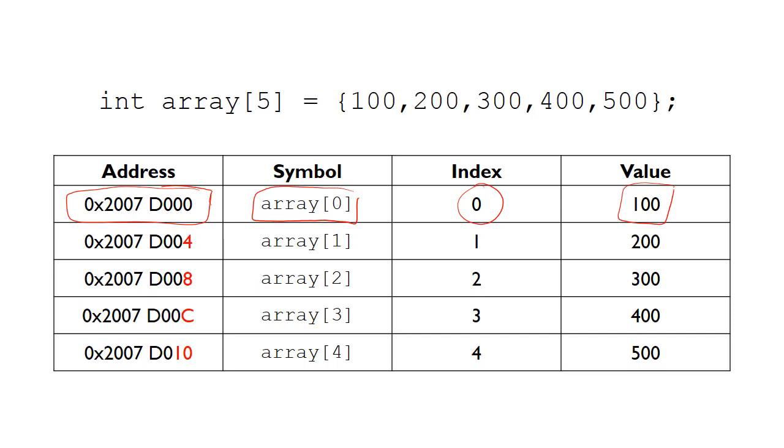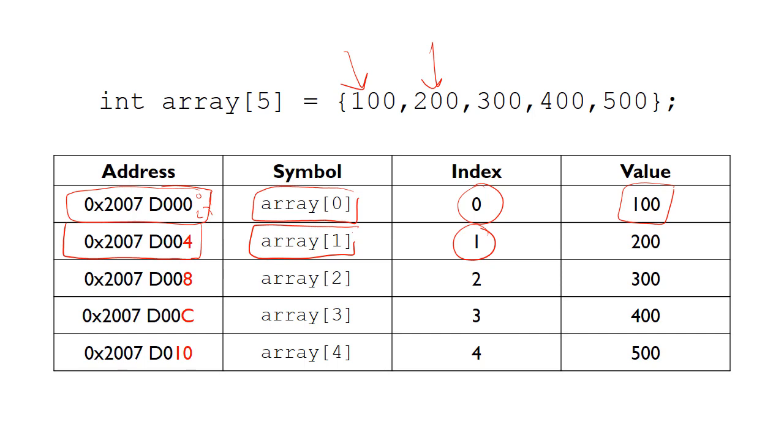And then that's this element here. This next element is index 1, represented by the symbol array 1. You need to shift, the address is going to go up by 4, because 0, 1, 2 and 3 are used to store the first value.